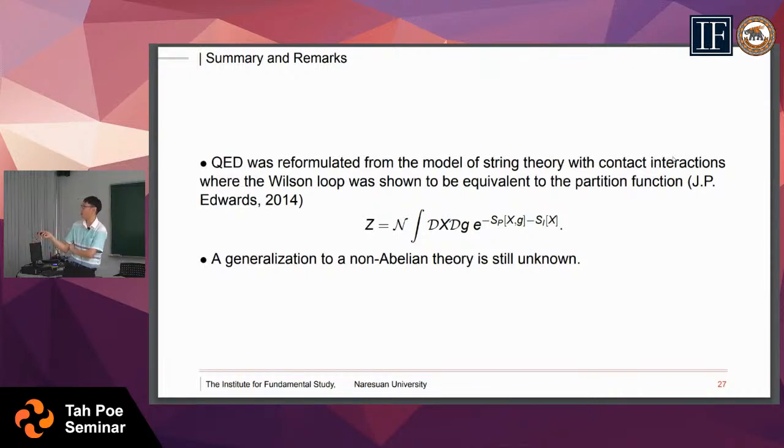In his work, these two models are equivalent to each other via the calculation of the Wilson loop of QED. He showed that the Wilson loop of QED is equivalent to this partition function of the string. This is the Polyakov string action, and this is the contact interaction that I mentioned earlier.